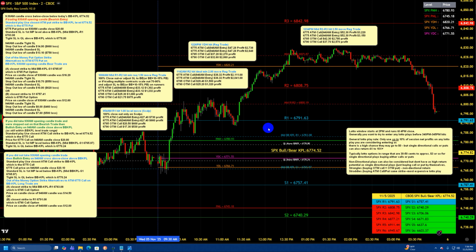So for example, just to clarify, if we were taking a bullish trade off of S1, since S1 is 67.5741, the closest strike to S1 is 67.55. So on a standard play, at the money strike on a bullish play off of this level, then you would select the 67.55 call.